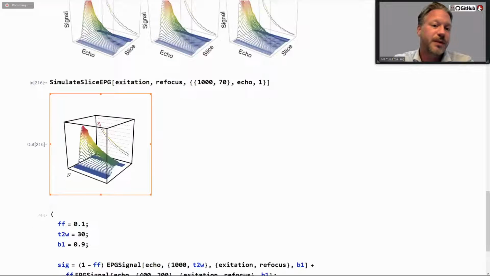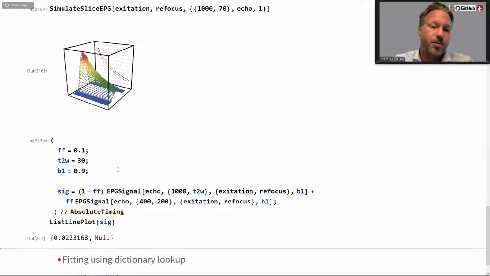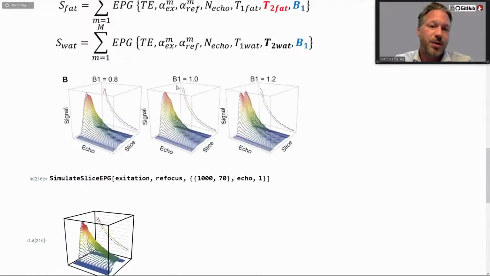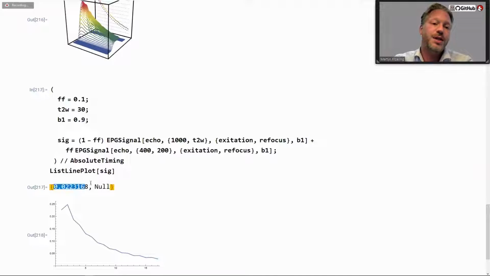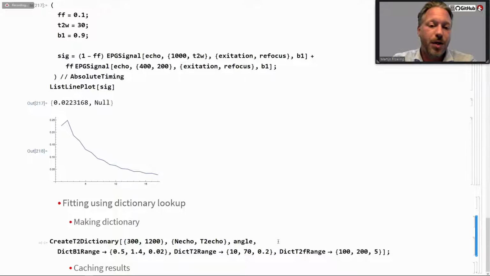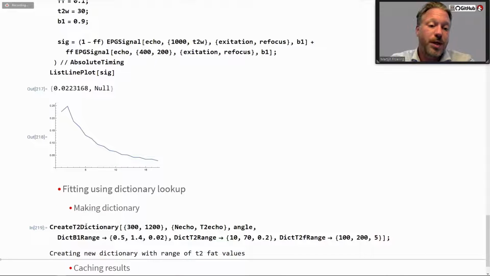So you can see here. And then if you want to generate one of these signals, we use this function. As you can see, EPG signal is the same as we saw in the equation here. Although this is quite fast, if we use this in a minimization algorithm, it's too slow. So there's one thing I can use as a trick. We can pre-calculate a dictionary of all possible solutions in our solution space, which I can do with this function.